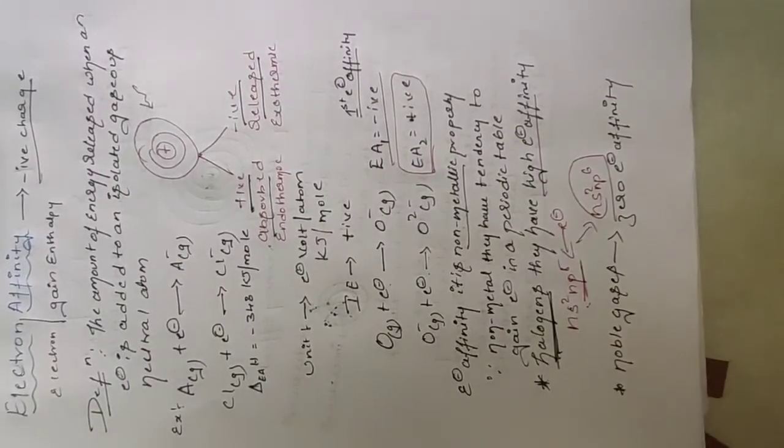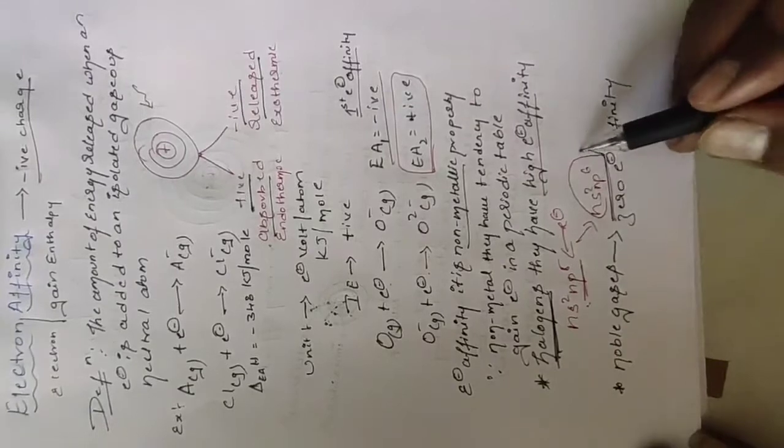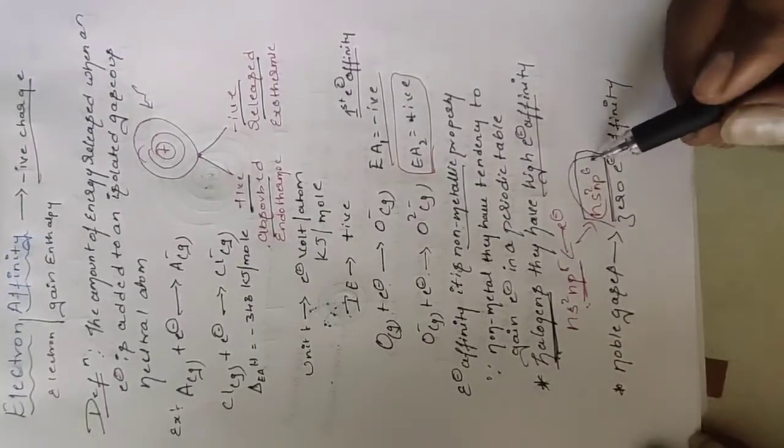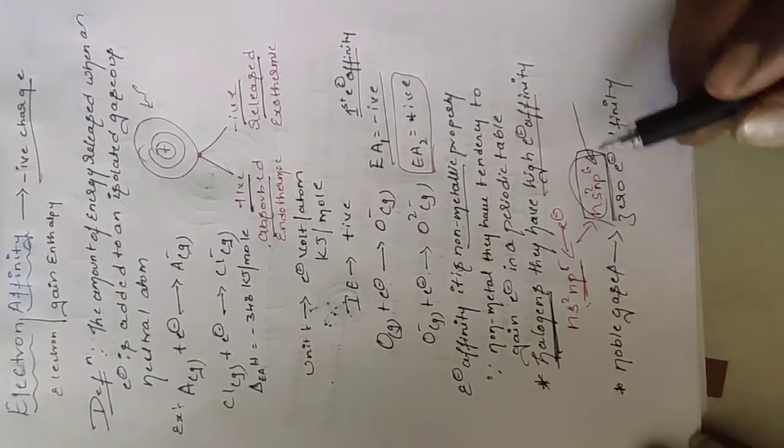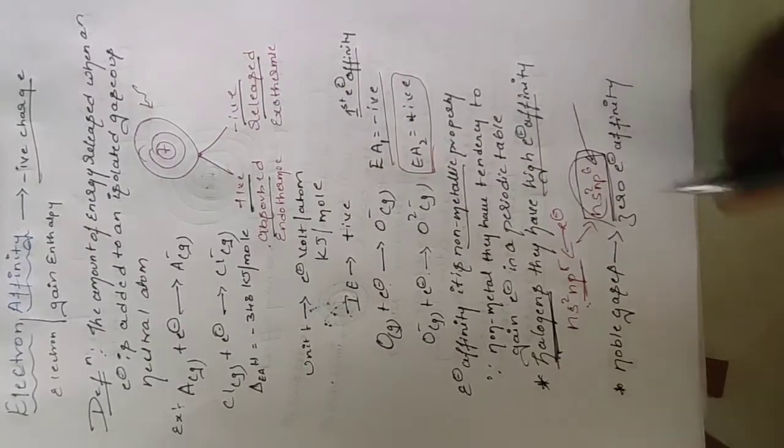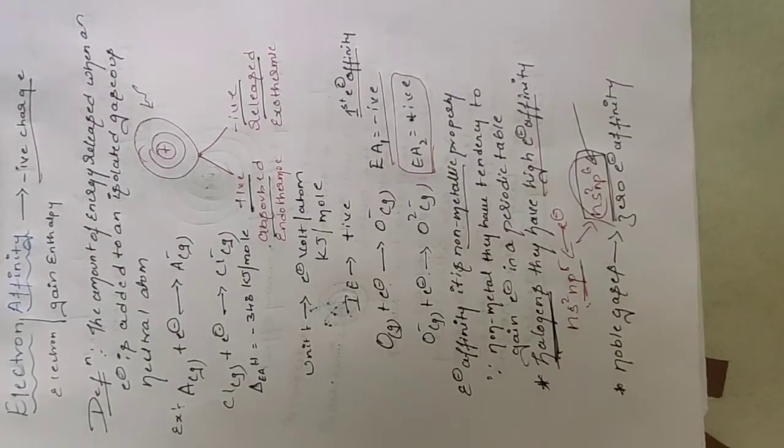Why zero? Because they have completely filled orbitals. They do not want any electrons, so they do not show any electron affinity. In the periodic table, if gaining of electrons occurs, it is electron affinity. If losing of electrons occurs, it is ionization energy.